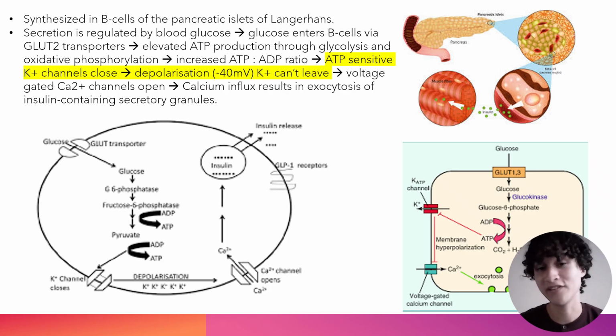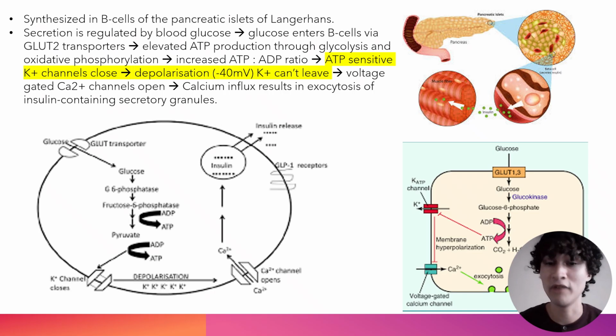But these channels are ATP sensitive. So when ATP levels rise, and the ATP to ADP ratio becomes greater, these potassium channels will close, and that prevents potassium from leaving the cell.